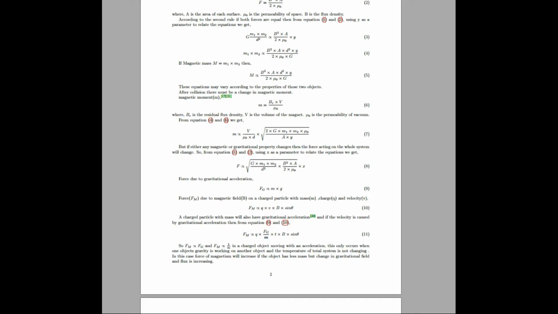Another thing: how can increasing mass decrease the force of magnetism? We have to think of it in a closed system, like an interaction between two systems, or in one system two objects interacting with each other. Then this main thing is going to happen.